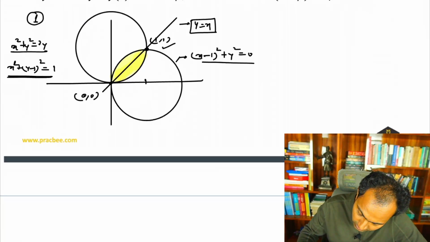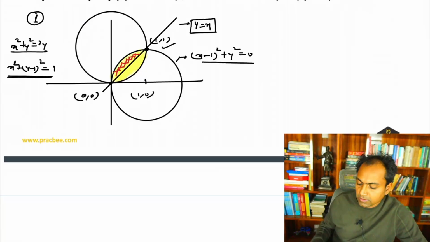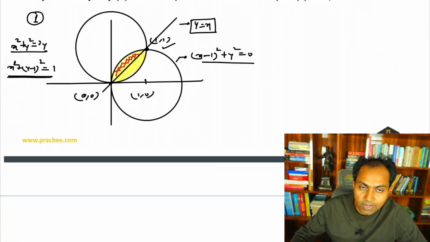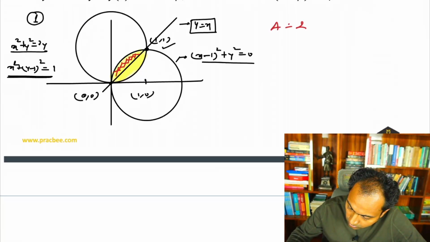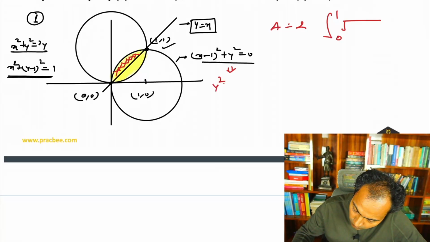The center is at nothing but (1, 0). If I can just figure out this part of the area and multiply by 2, I should get my answer. And for doing that, I can find this area as 2 times integration from 0 to 1 of root of, now this curve earlier when we wrote, was y square is equal to 2x minus x square.